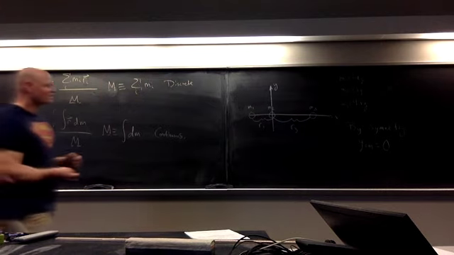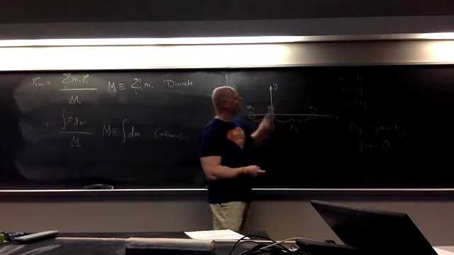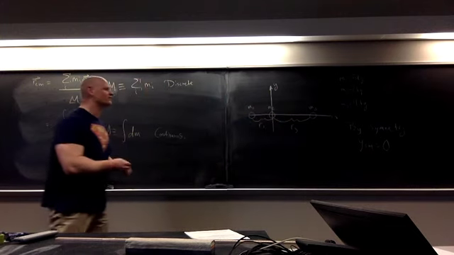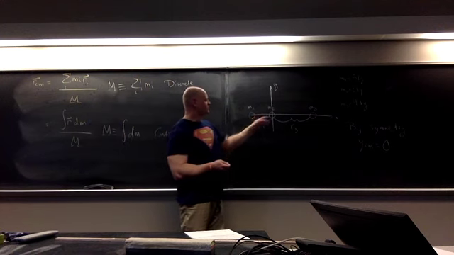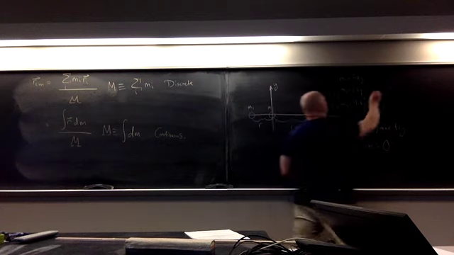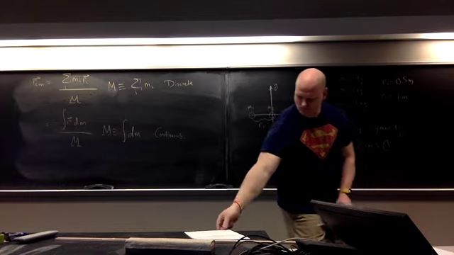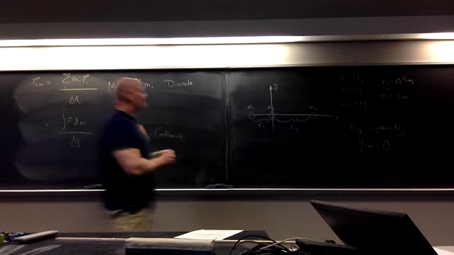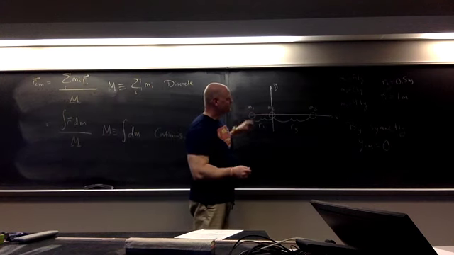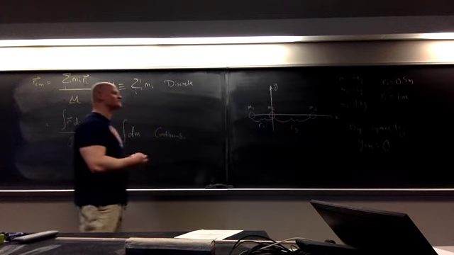If I'm looking at this particular problem where I have 3 masses, m1, m2, and m3, where m1 is 5 kilograms, m2 is 2 kilograms, and m3 is 4 kilograms, and m1 is away from the origin by a distance r1 equal to 0.5 meters, and r3 is 1 meter away from the origin, then all of the mass is concentrated along the x-axis, so we only have an x position for the center of mass.